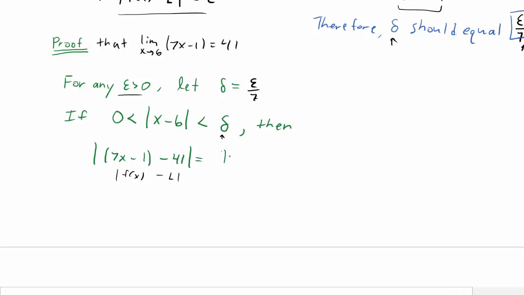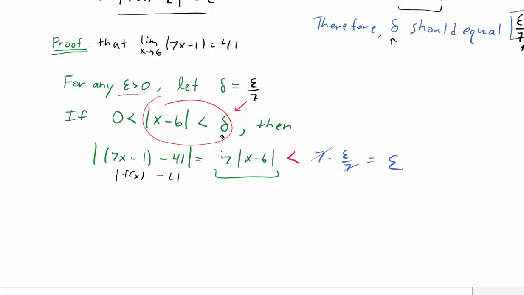Previously, we showed the work to show that this equals 7 times the absolute value of x minus 6. Because we're assuming this is less than epsilon over 7, that means that this is less than 7 times epsilon over 7, which equals epsilon. So we showed that whenever the first one is true, now this will be less than epsilon for any epsilon.